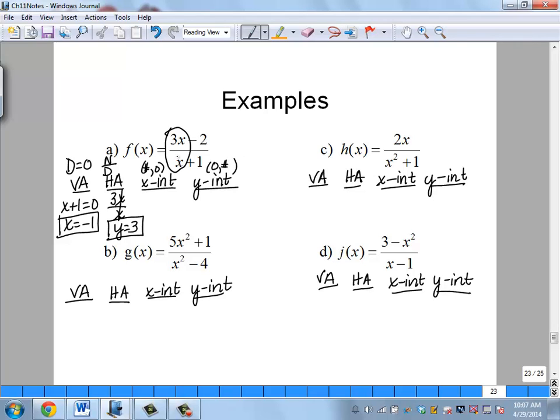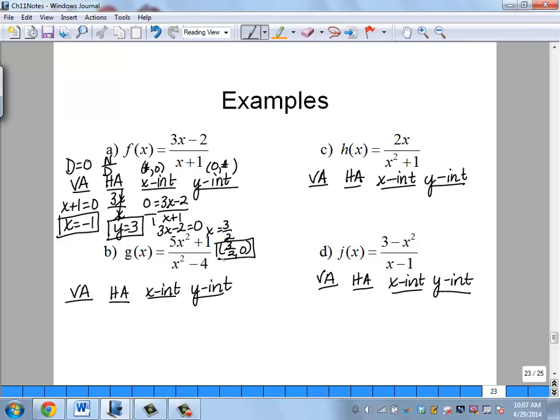The x-intercept here, let me erase this so we'll get the circle all the way, is when I put a number, 0, so I'm going to put 0 in for y, so I have 0 equals (3x minus 2) all over (x plus 1). If you cross multiply, the bottom disappears, so you have 3x minus 2 equals 0, so x is going to equal 3/2. So the point is (3/2, 0). Don't forget to show it as a point.